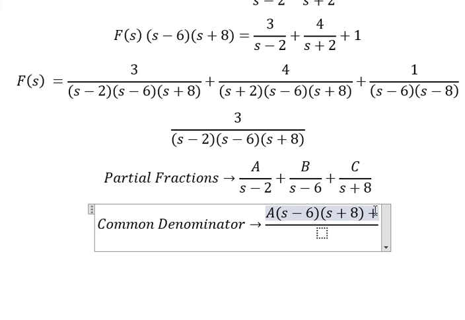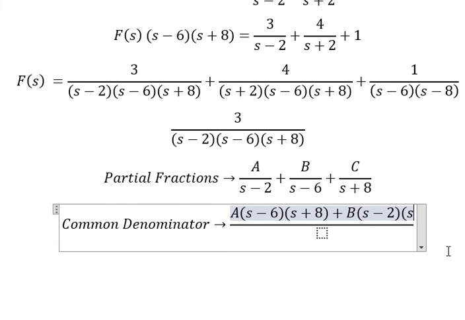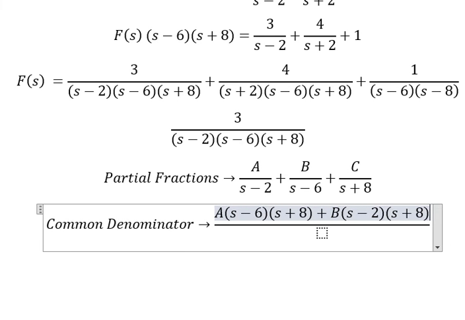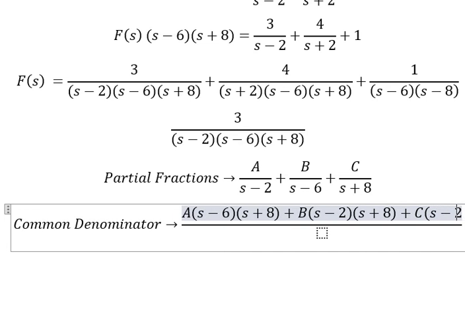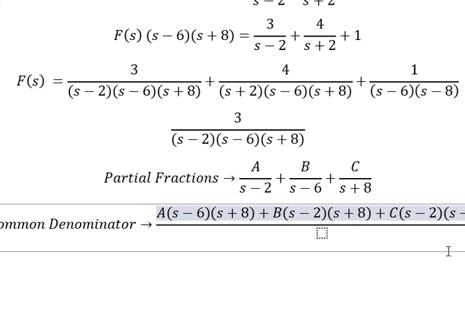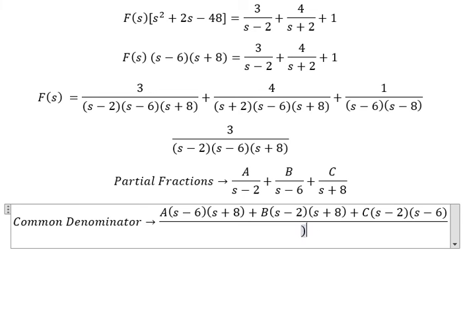About this one, it is missing about s minus number 2, s plus 8. About this one, we are missing about s minus number 2, s minus number 6. And now this one, we have s minus number 2, s minus number 6, and s plus 8.